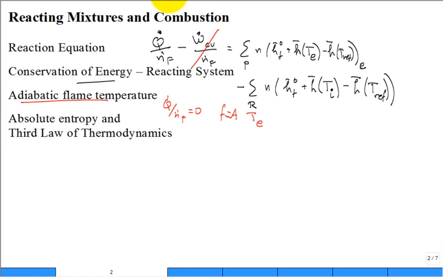And so if you want, you can express the second law of thermodynamics as the rate of entropy production inside a control volume per molar flow rate of the fuel is equal to, then we have a minus Q dot divided by N dot F. This is the same as in the energy balance.